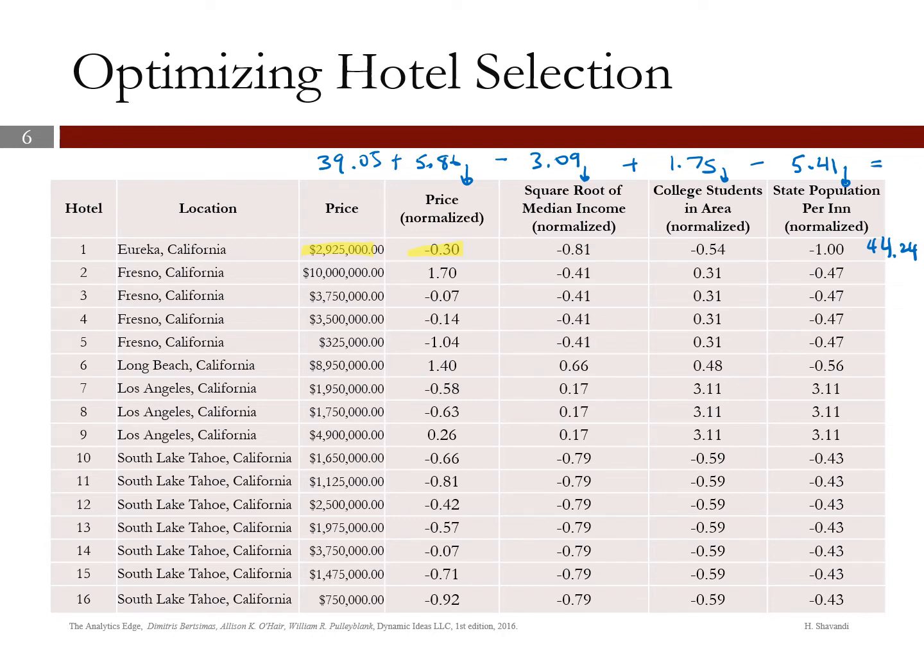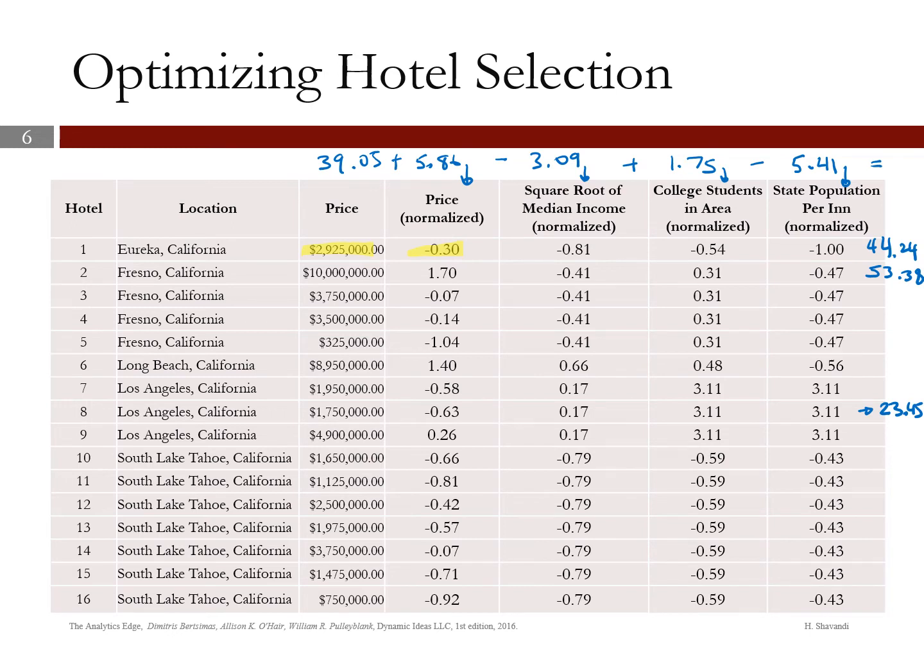And hotel 2, whose price is $10 million here, would have the highest predicted profitability, and its value is 53.38. Okay, and hotel 8, this one here, its profitability would be 23.45, and this is the least predicted profitability.